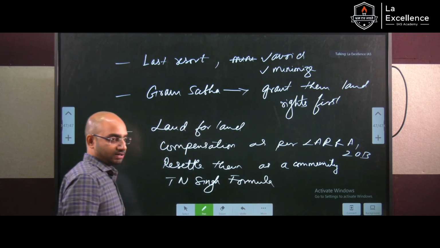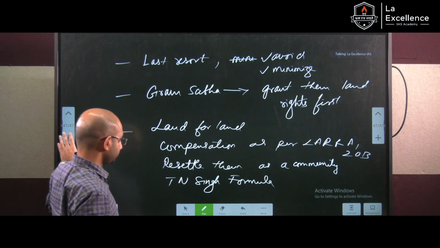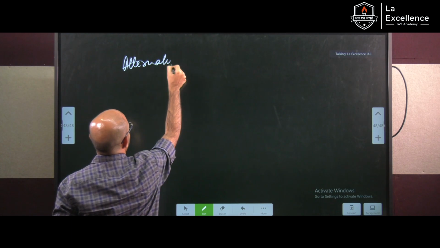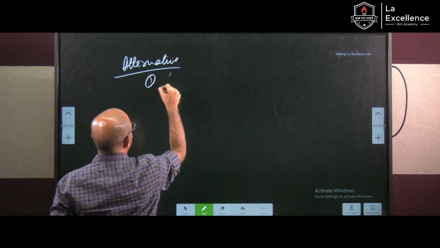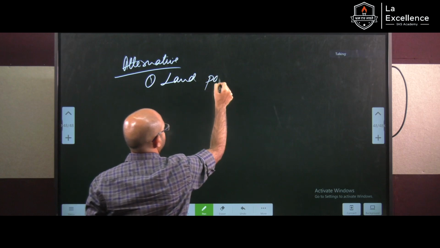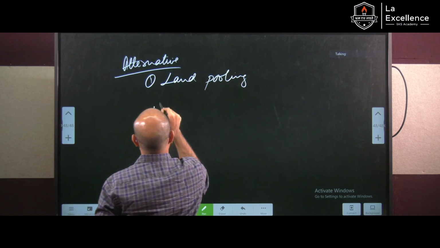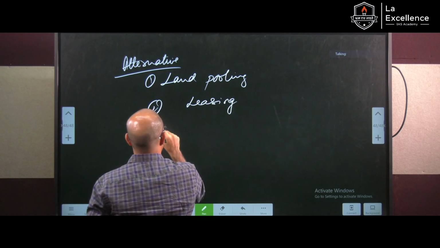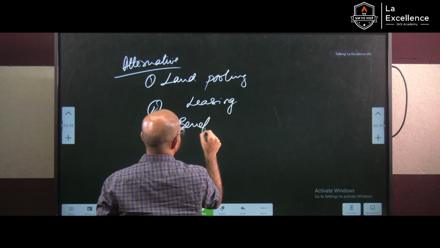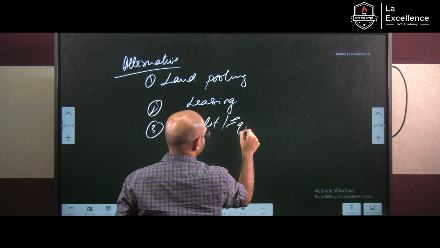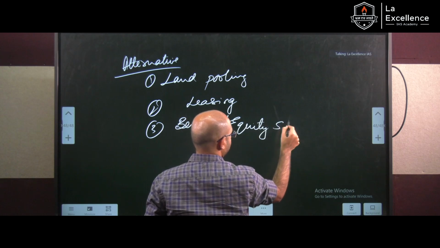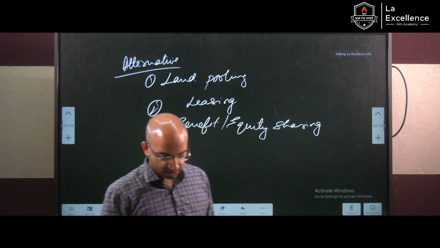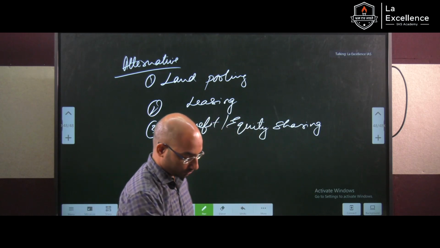That is, make them partners in the development process. And finally, you can look at many alternative models like land pooling, land leasing, benefit sharing or equity sharing. That is, you give a share of equity in the project to those who gave land so that they get regular income through dividends. So all this can be discussed.